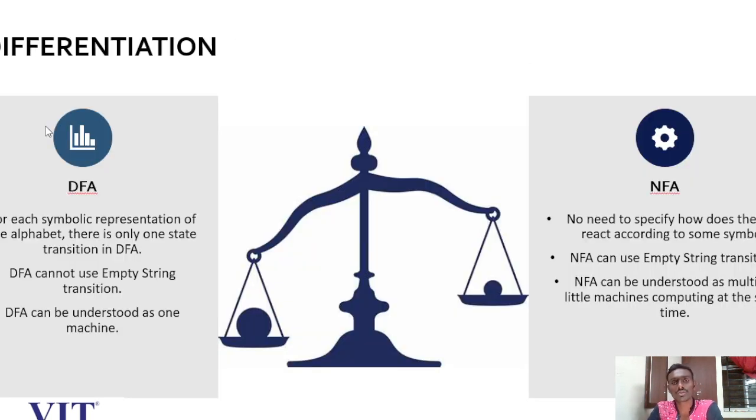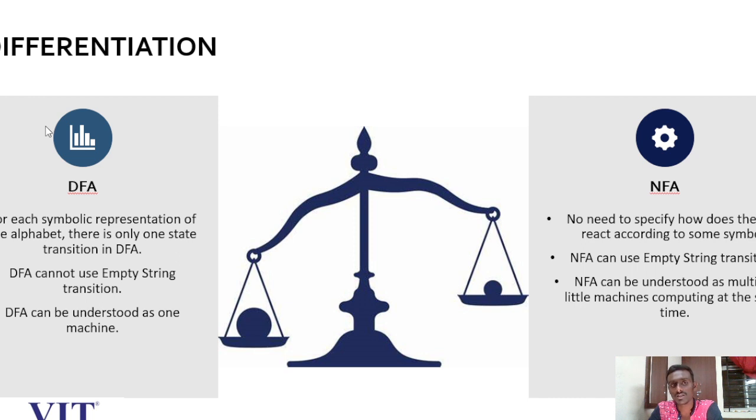So there are lots of differences between NFA and DFA. Here I point out some points. In DFA, for each symbol of the alphabet, there is only one state transition. If you go back, I said that DFA has only one state transition.